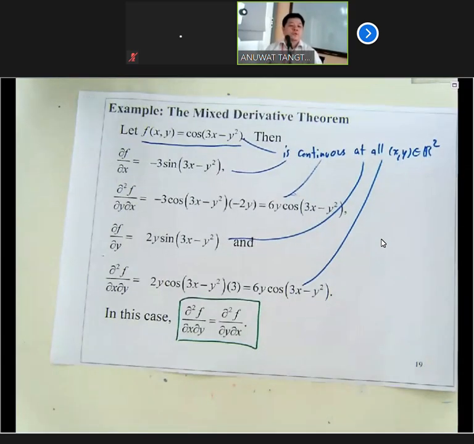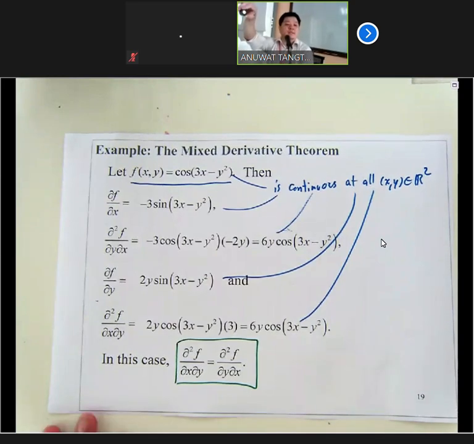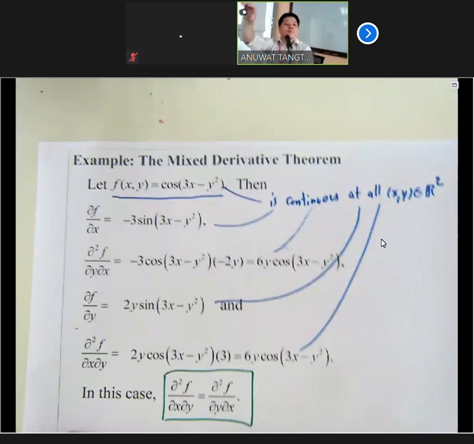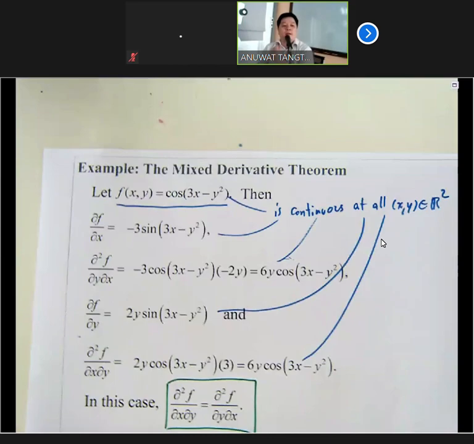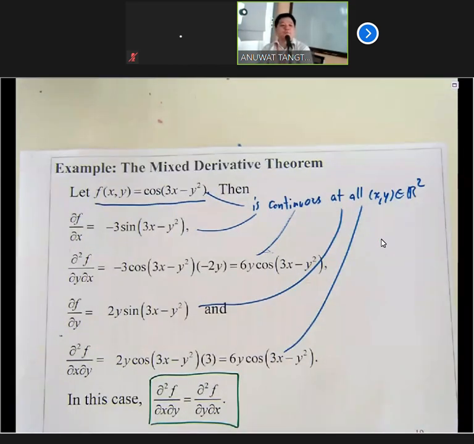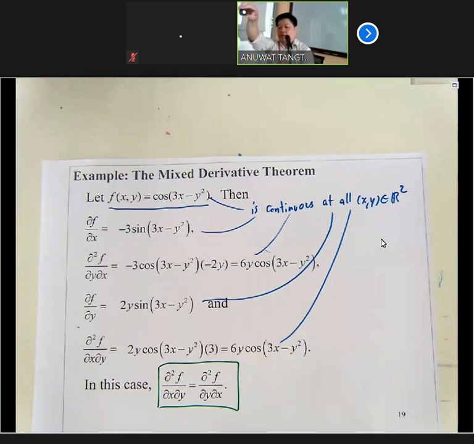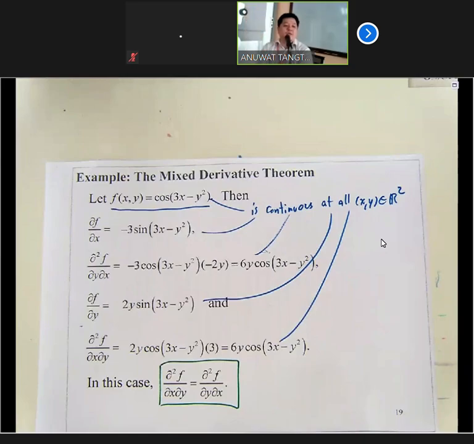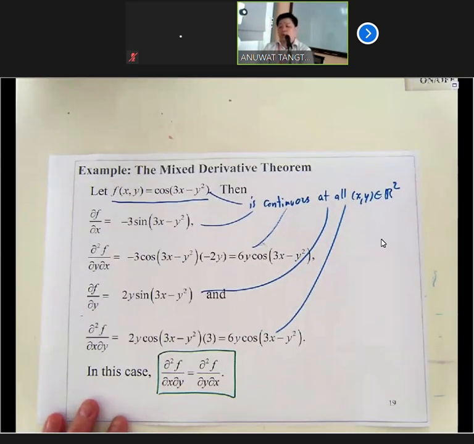Okay, so what I want you to focus on here is that most of the functions we learn in calculus are nice functions. Most of the examples you have learned in this course, usually the partial derivative and the mixed partial derivative are equal.